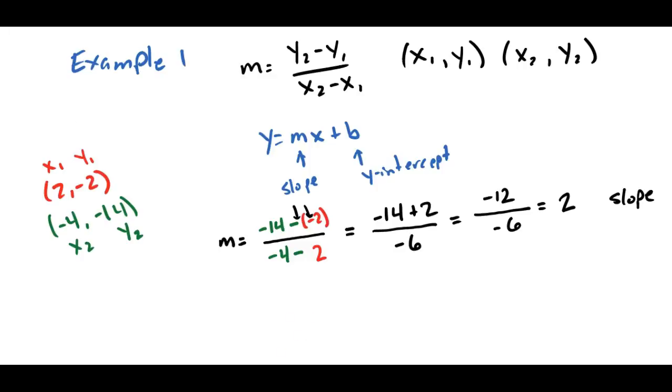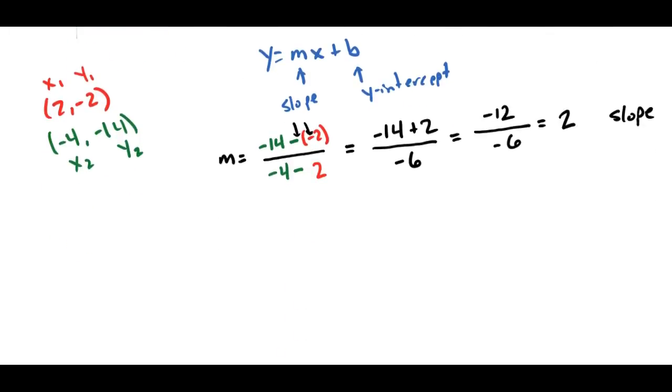So now I'm going to scroll here a little bit. I'm going to take this 2 and put it into my y equals mx plus b equation. So y is equal to, then I'm going to put my slope 2 x plus b.